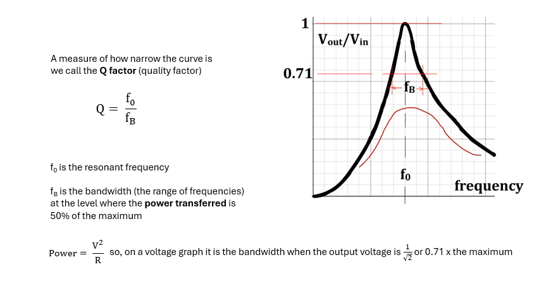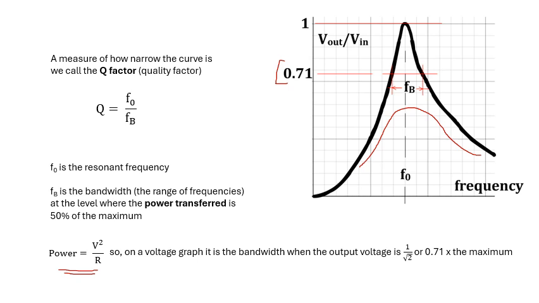Now, why is it 0.71 there? Because on this scale, I haven't got power, I've got voltage. And you will remember that power is V squared over R. So if the power is 50%, then the voltage is 0.71, 71% of the maximum.